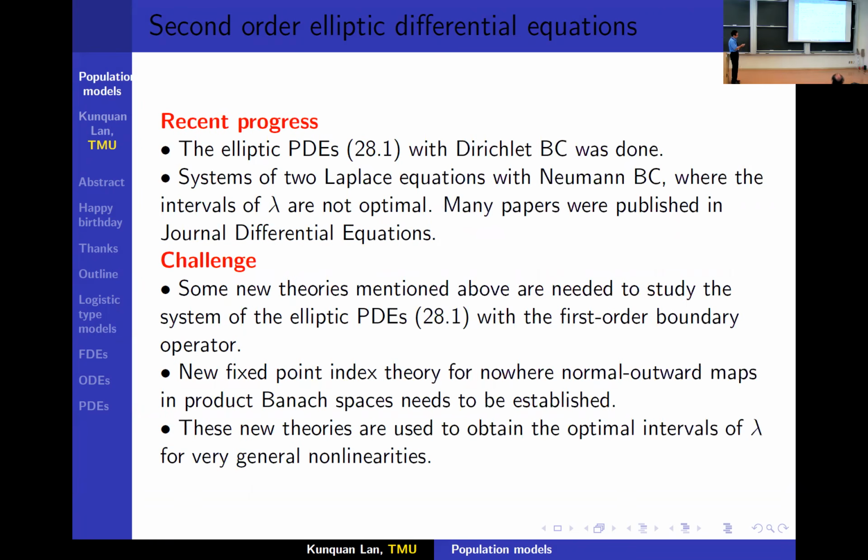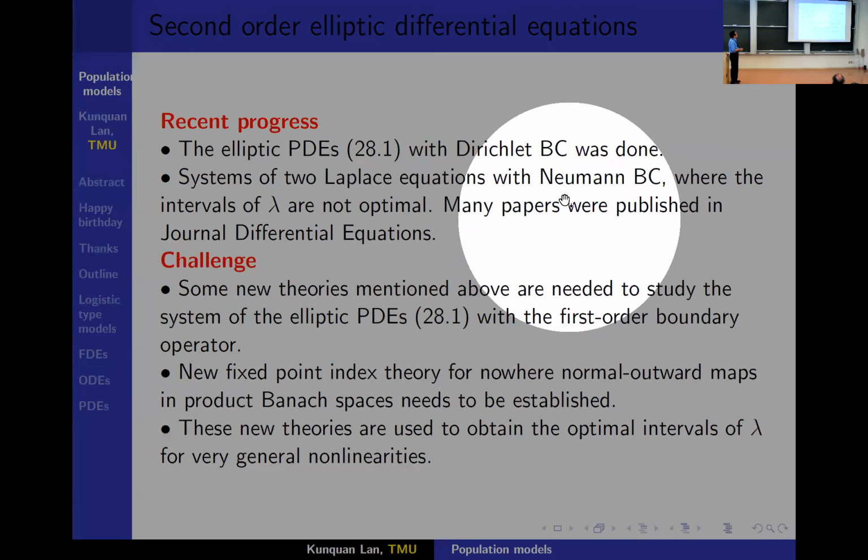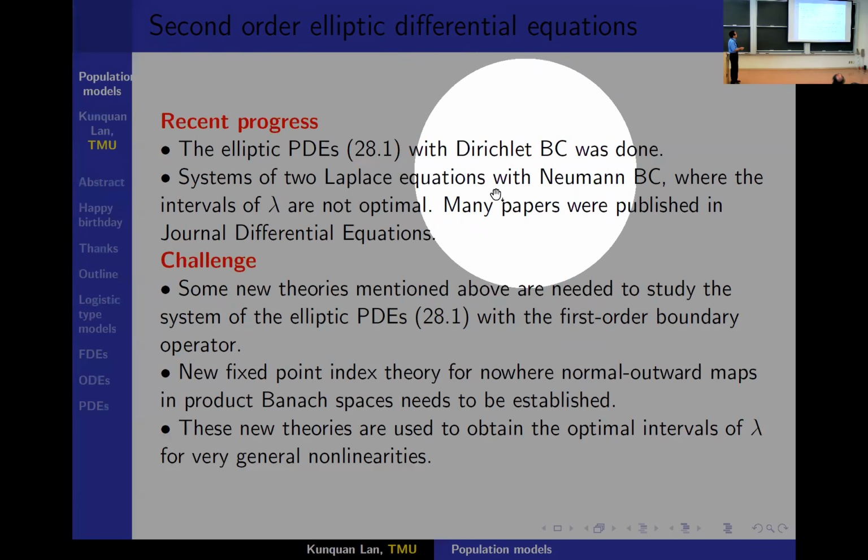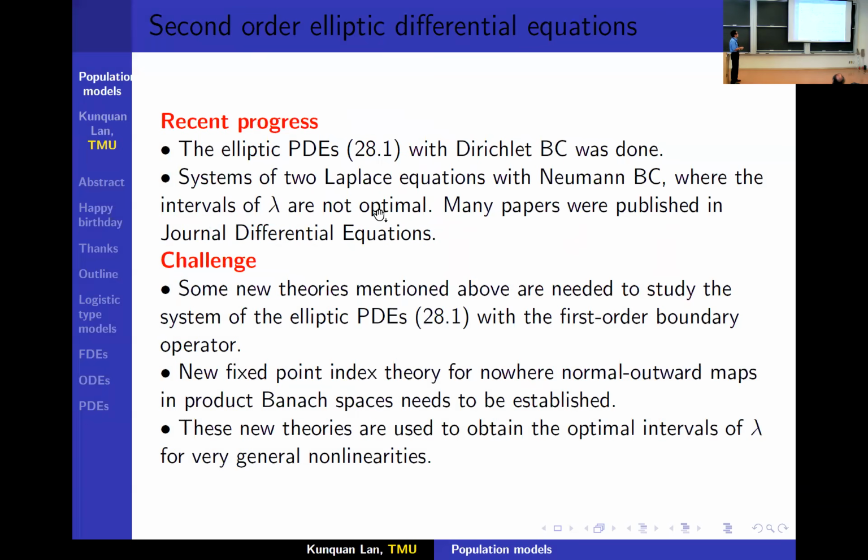They do that because it's a little bit easier. So in a recent paper, we did this one only for the Dirichlet boundary condition. I did this one with Professor Lin Wei in Fudan University. So this paper is already published. And the second one is system.